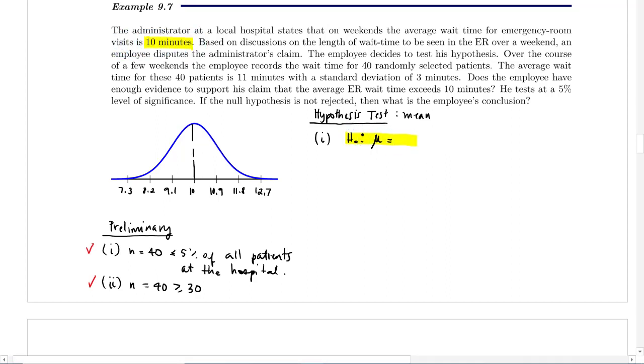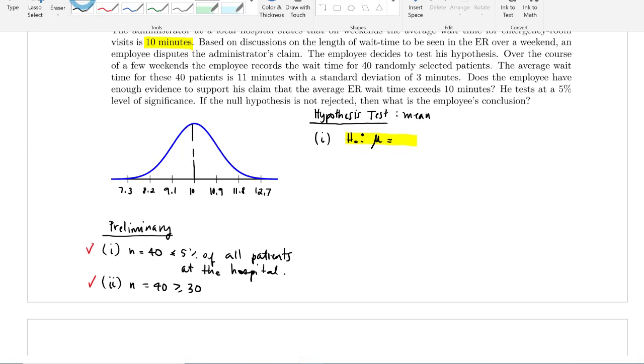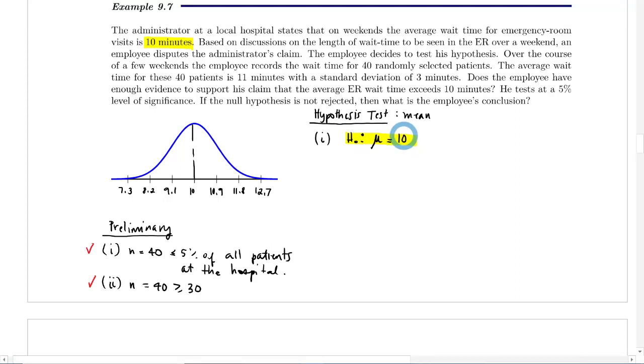Status quo, 10 minutes. In the alternative is going to be the mean, and we have to see what the language is in the claim. So, based on discussions of length of wait time, an employee disputes the administrator's claim. He decides to test the hypothesis.